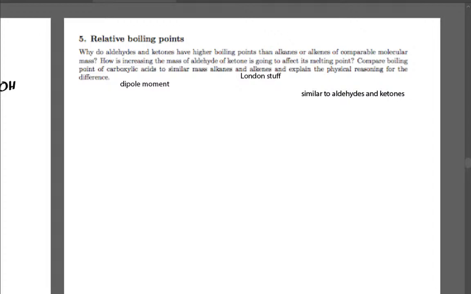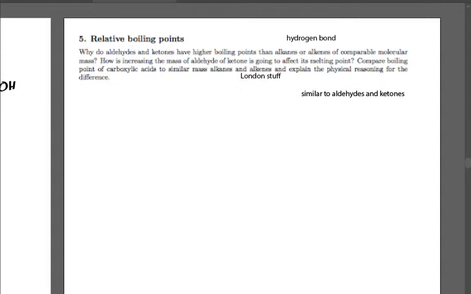But according to my knowledge, this one has a higher boiling point because of its hydrogen bond, which is very hard to separate.